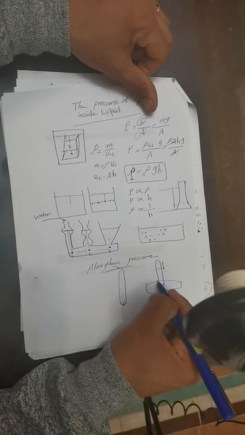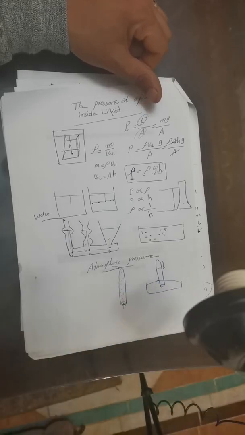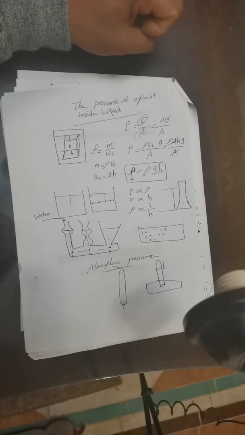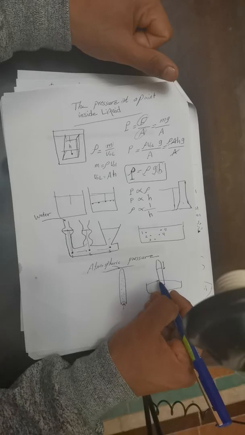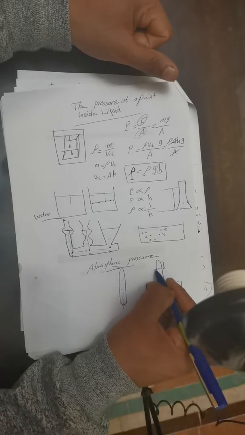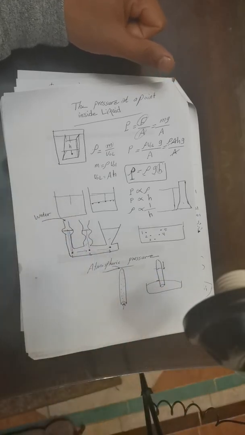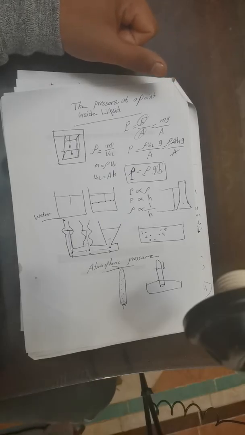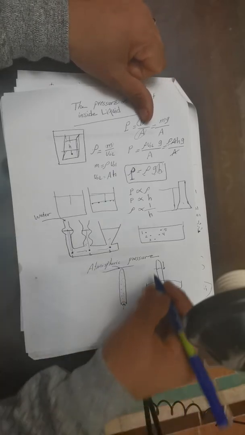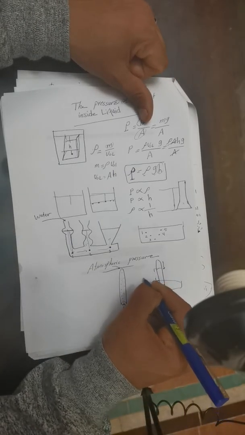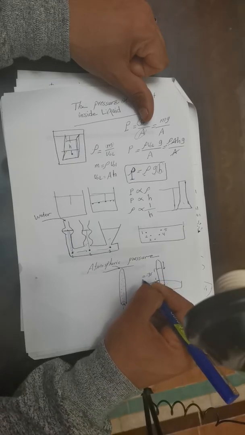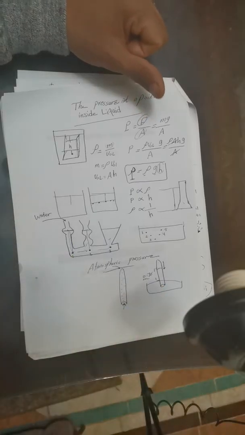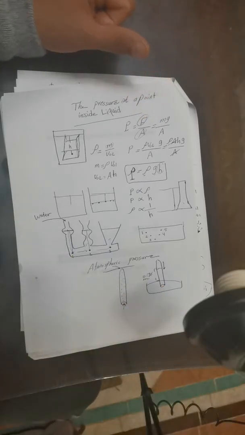When he measured the height of mercury inside the tube from the surface of the container mercury to the surface of the tube mercury, he found that it is 76 centimeters.